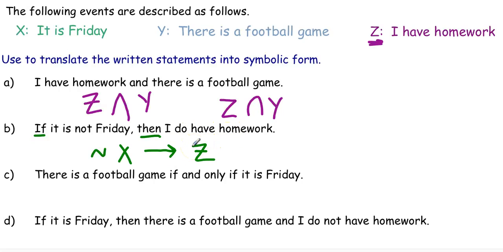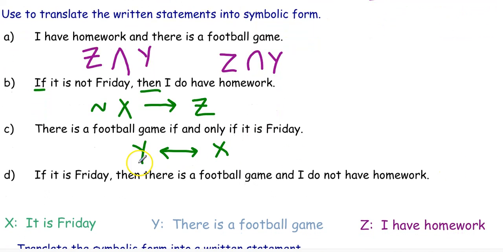So that's Z. So squiggle X, arrow Z would represent this sentence. There is a football game if and only if it is Friday. So here, football game is Y. If and only if is the double arrow. It is Friday, which is X.